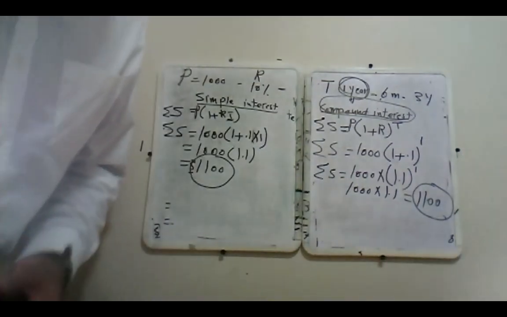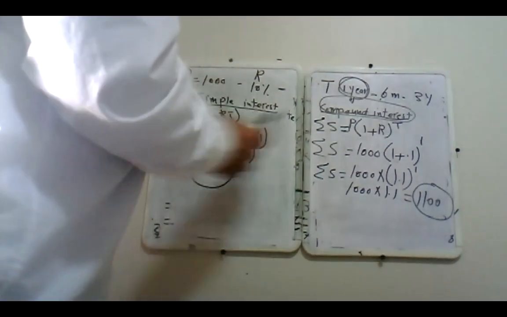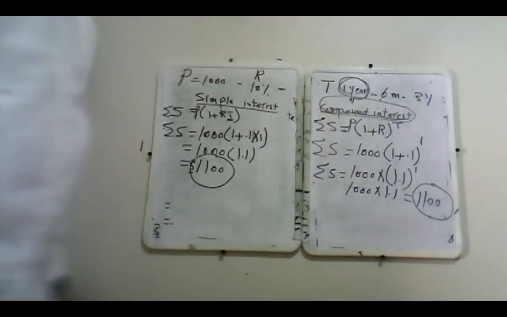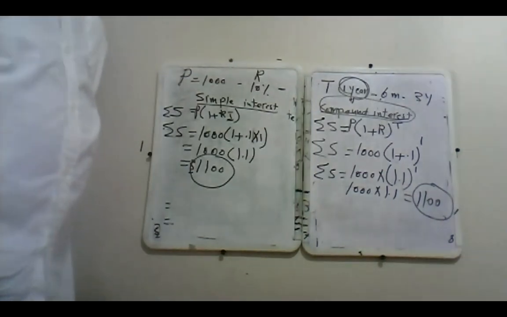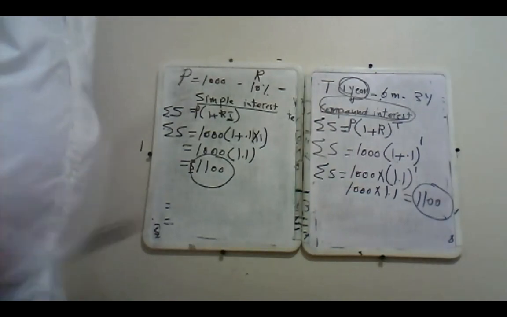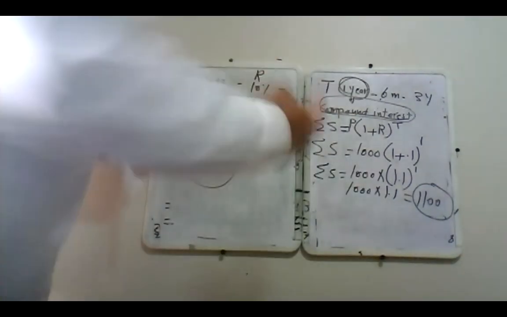That means for 1 year, the simple interest will equal the compound interest. Both of them will be the same if I deposit the amount of money for 1 year. Actually, because the power here, t, is 1.